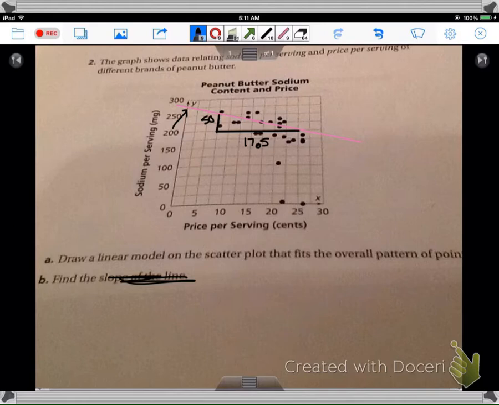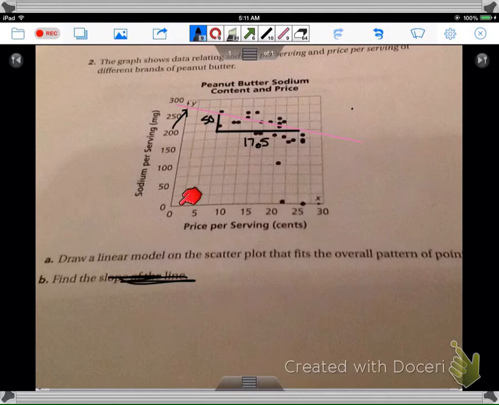I'm going to zoom in a little bit on this graph here so you can see what I did. So I found a spot where the line is crossing a grid intersection point fairly well, and another spot. And then I did my rise and my run. I noticed that they're counting by 25s here, 25, 50, 75, 100.